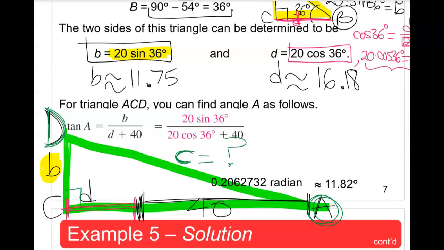Similarly, we discussed how we needed to know the distance from here to here, D, so that we know the base of the big triangle, because so far we only know that part of it is 40. But we need to know what the other little piece was.